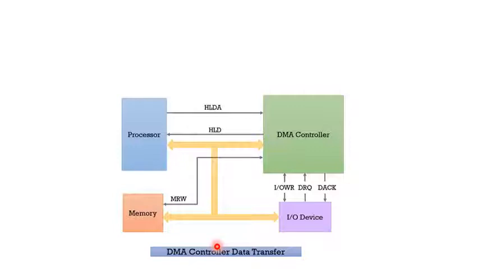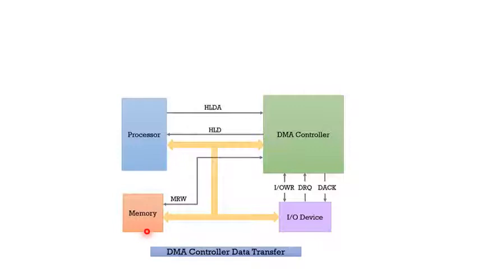We will now understand the working principle of the direct memory access data transfer method. First of all, we need to inform the microprocessor before the beginning of the process. For this, the I/O device first sends a request to the DMA controller using the DMA request signal, which in turn forwards it to the processor in the form of the HOLD signal.